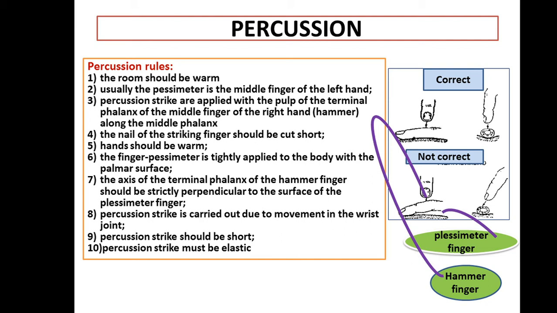The nail of the striking finger should be cut short, the hand should be warm, and the plessimeter finger is tightly applied to the body with the palmar surface. The axis of the terminal phalanx of the hammer finger should be strictly perpendicular to the surface of the plessimeter finger. The percussion strike is carried out by movement in the wrist joint, not in the elbow joint. The percussion strike should be short and must be elastic.